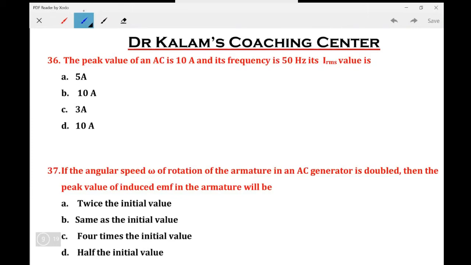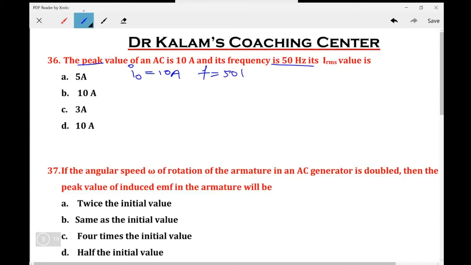Next, the peak value of an AC is 10 ampere. So what is peak? Maximum. What is maximum? I0. I0 is equal to 10 amperes and its frequency is 50 hertz. Then IRMS. We know that IRMS is given by I0 by root 2. What is I0 now? 10 by root 2. Rationalize this, root 2 by root 2.